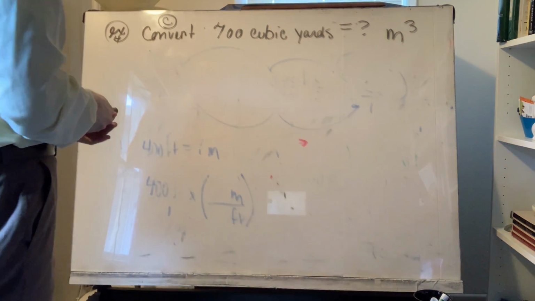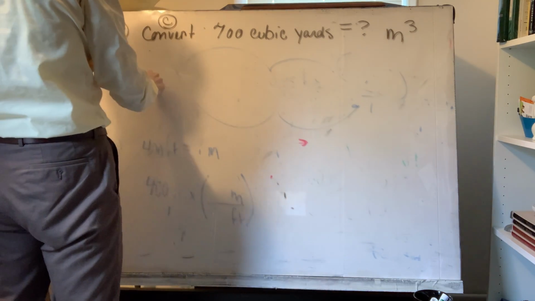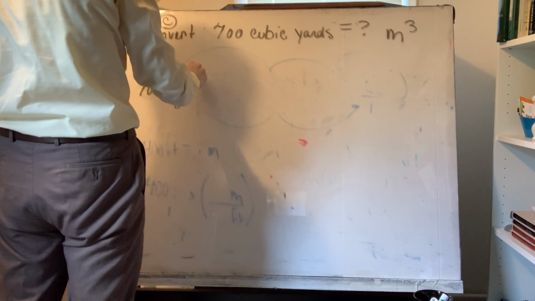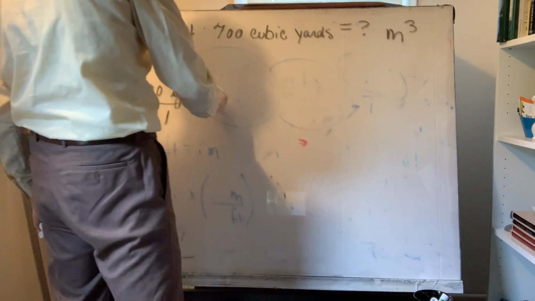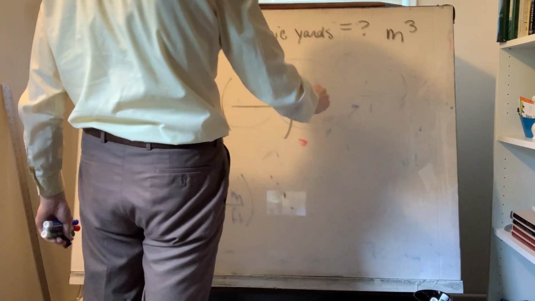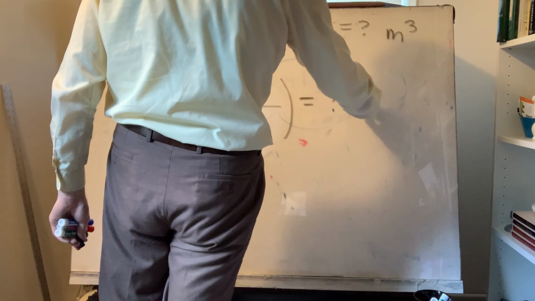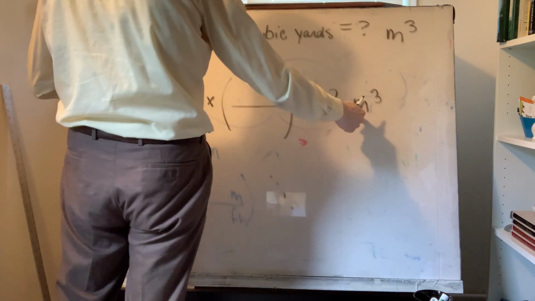All right. If we're given 700 cubic yards, I'm going to use the abbreviation, so yard with an exponent of 3 over 1. Hopefully I have a direct conversion, and if not, I'll do this in several steps, and that will spit out cubic meters. This is what we're given, this is what we want.